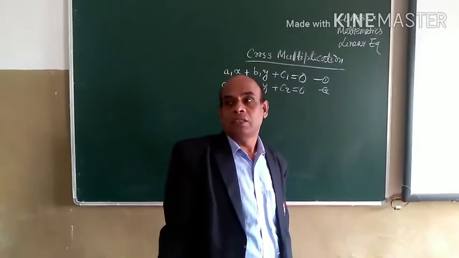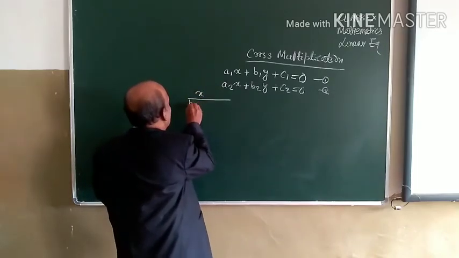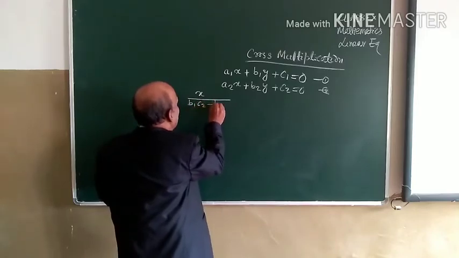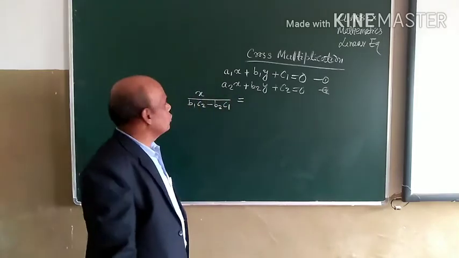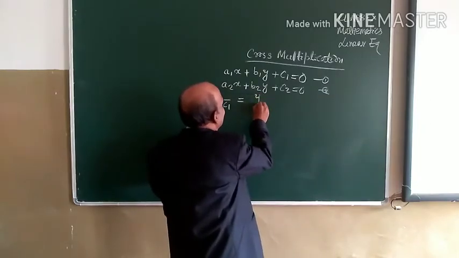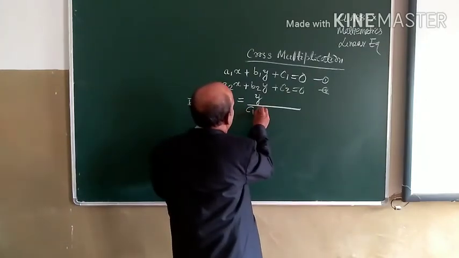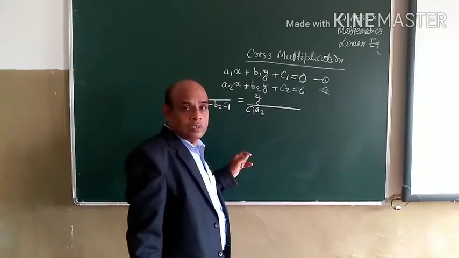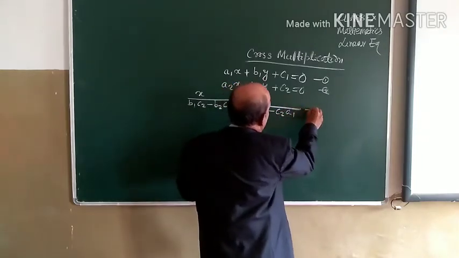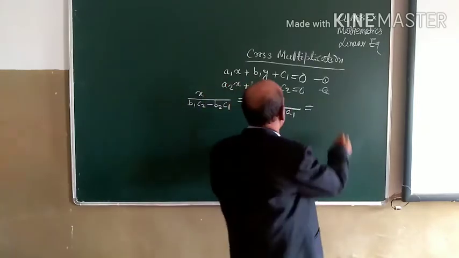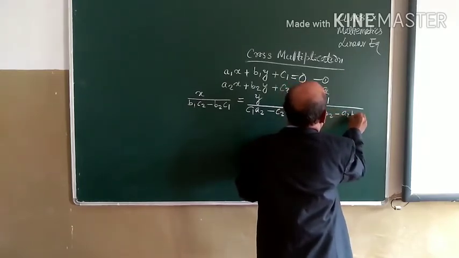So this is the formula. x divided by b1c2 minus b2c1, that is equal to y divided by c1a2 minus c2a1, is equal to 1 divided by a1b2 minus a2b1.